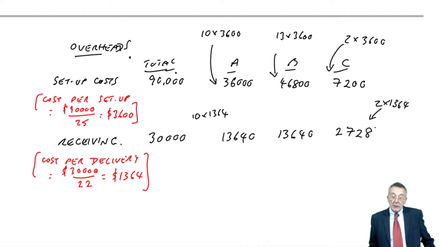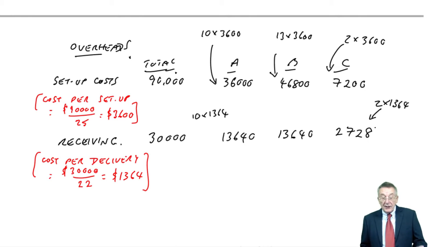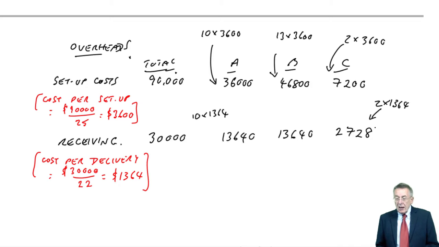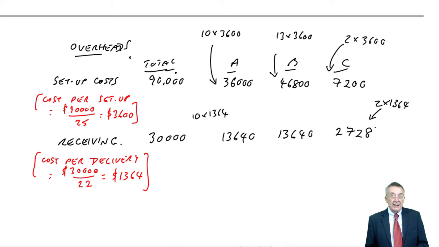Now, a minute ago I mentioned the rounding. Some people get awfully upset because that doesn't add up to 30,000. Because of roundings, it actually adds up, I think, to 30,008. It's $8 different. Well, as you'll see later, I'm not really too bothered.